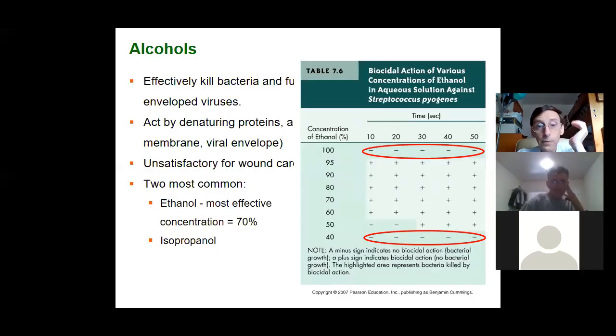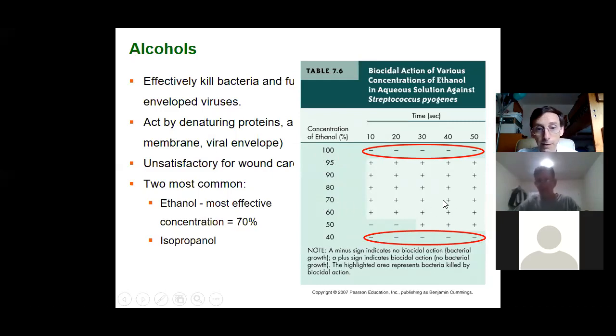From this slide, we're looking at different alcohol concentrations, and you can see that 100% ethanol was not effective even for 50 seconds of exposure. And 40% ethanol, even for 50 seconds of exposure, was not effective. So the best concentration of ethanol, which was effective even at 10 seconds of exposure, was 70% ethanol.